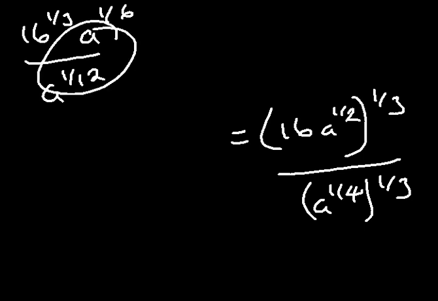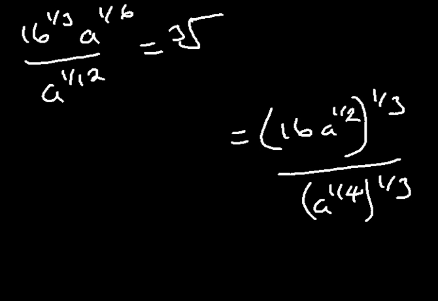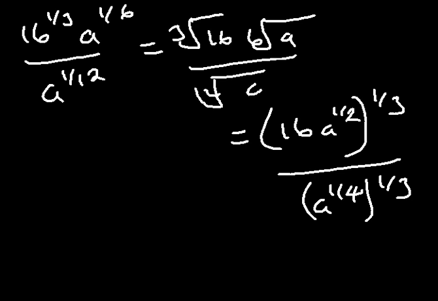So that's how it has to be. And of course this is the same as the cube root of 16 times the 6th root of a, divided by the 12th root of a. But it is the same to have it in this position.